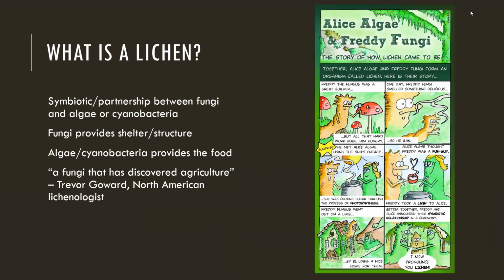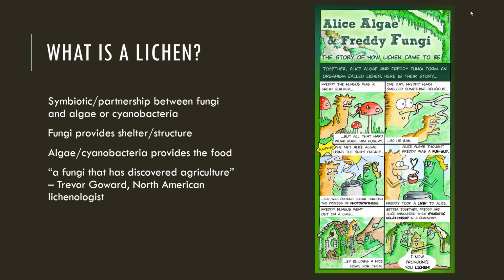So what is a lichen? A lichen is a symbiotic relationship between fungi and an algae or cyanobacteria. So the fungi provides the shelter or the structure, while the algae or cyanobacteria provides the food. So they work together to live.